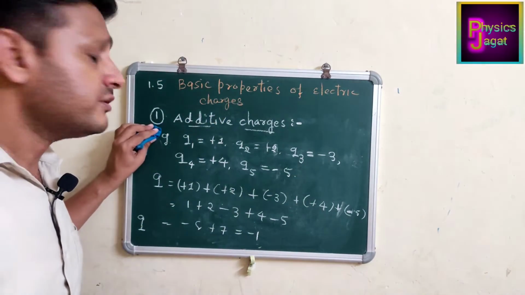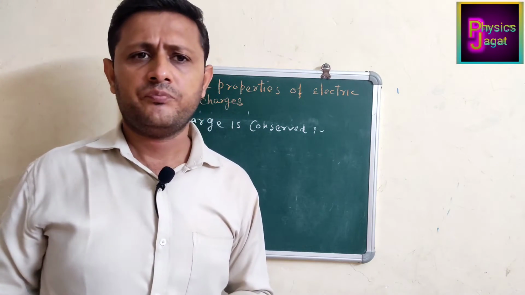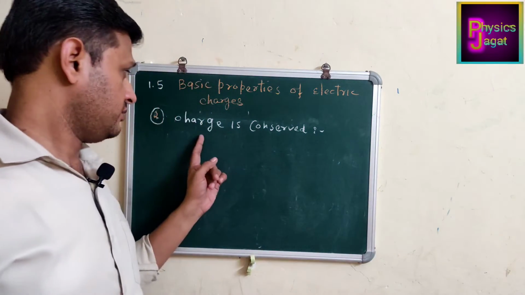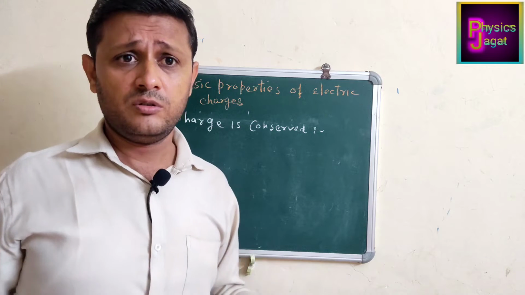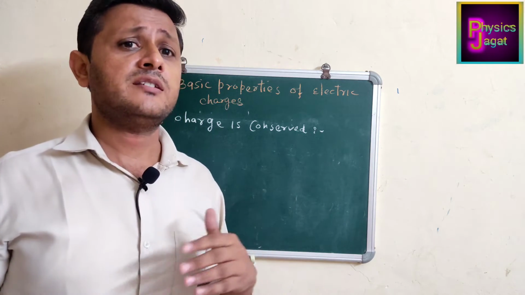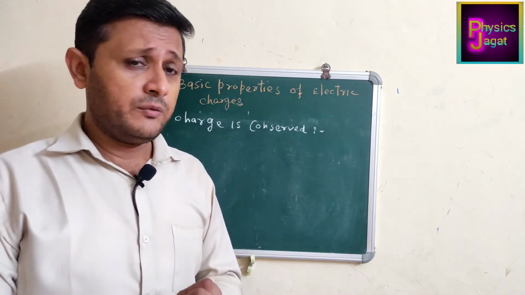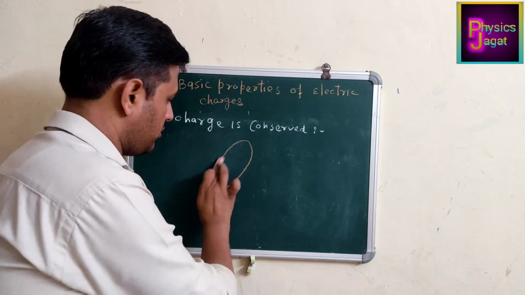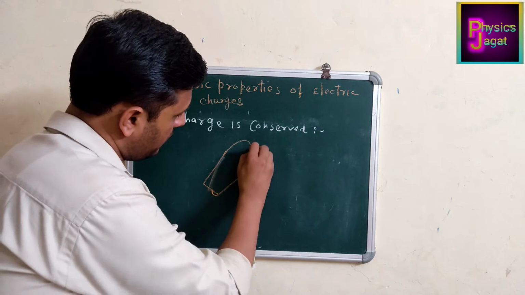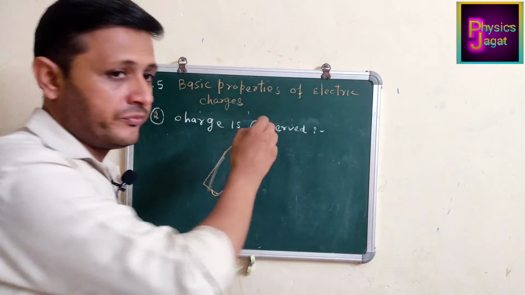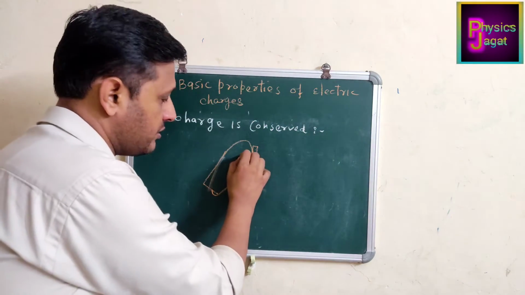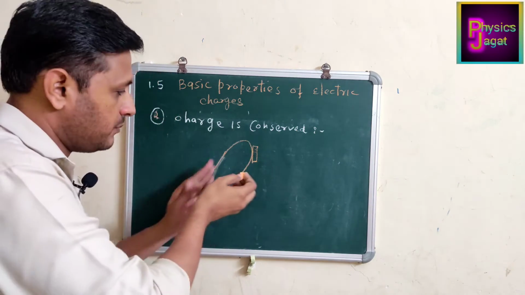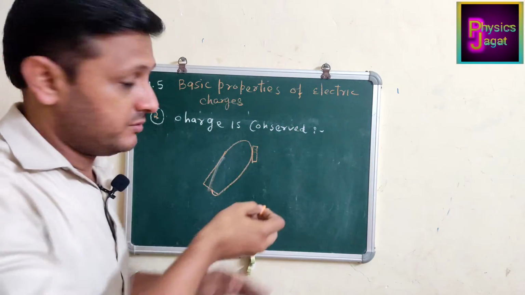Now we are going to discuss the second property, which we have somewhat seen in the past two lectures also. The second property is charge conservation, or charge is conserved. I have told you that charge is neither created nor destroyed. When we rub a plastic rod with silk or wool, what happens? Charge is transferred.